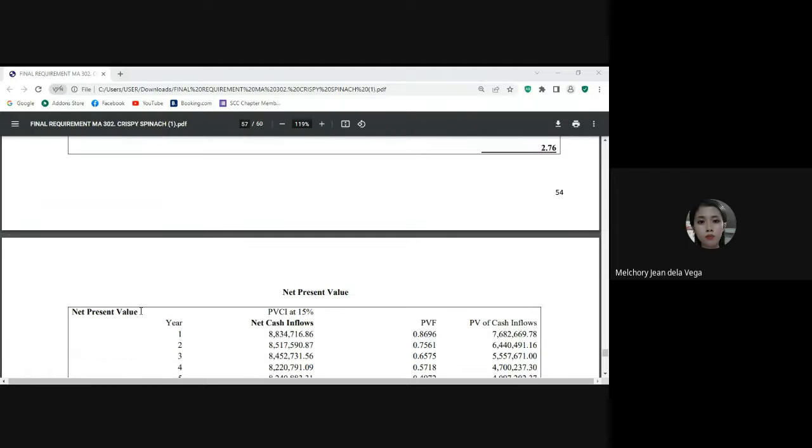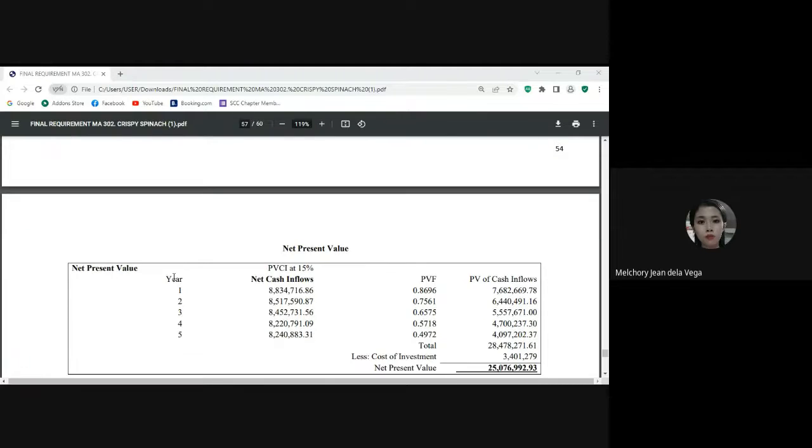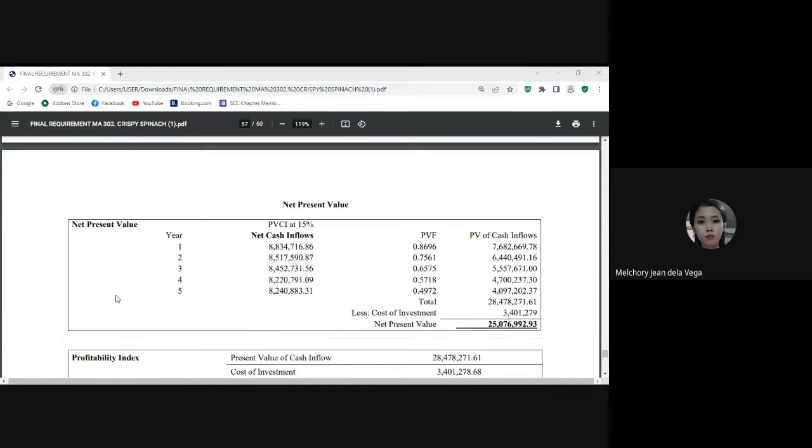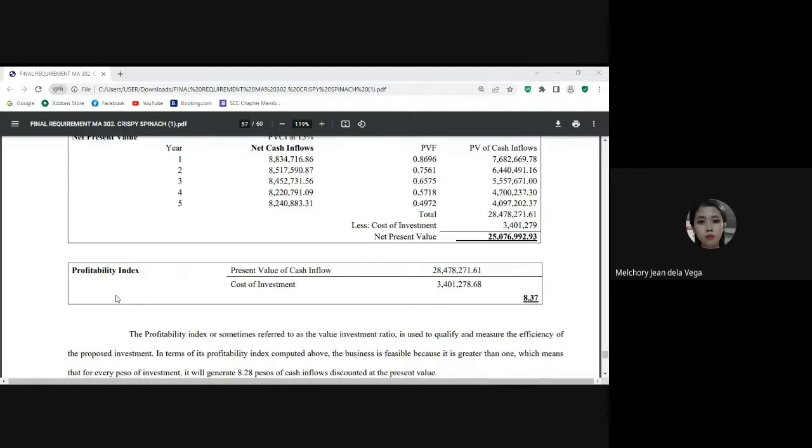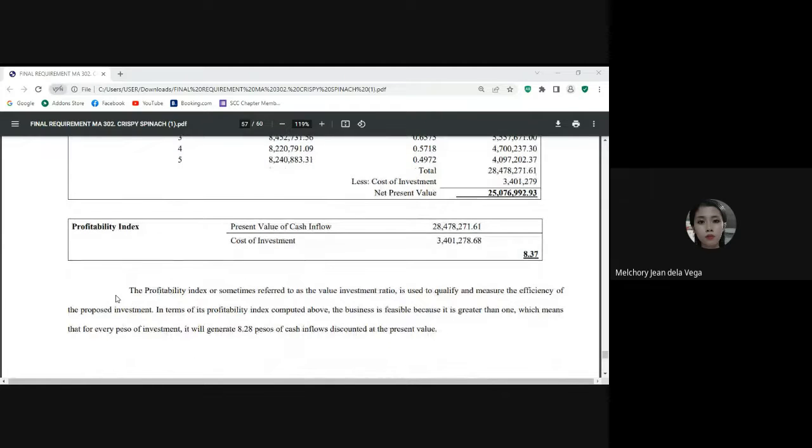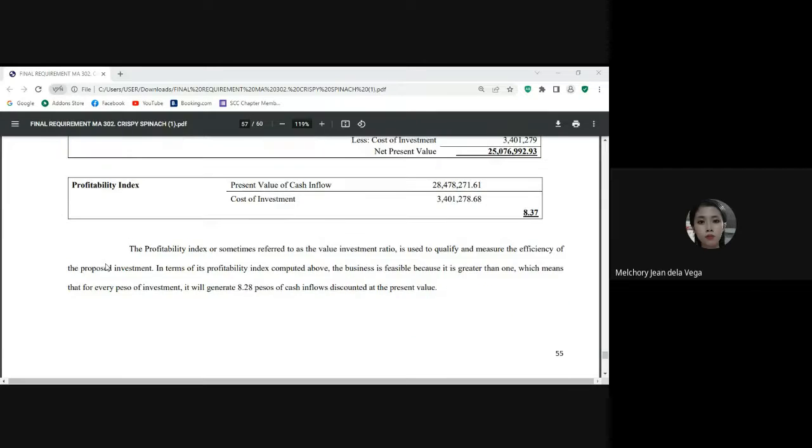Next, we have the net present value. We have the PVCI, which is the present value of cash inflow at a 15% rate. From this, we get a profitability index of 8.37. The profitability index, sometimes referred to as the value investment ratio, is used to measure the efficiency of the proposed investment.